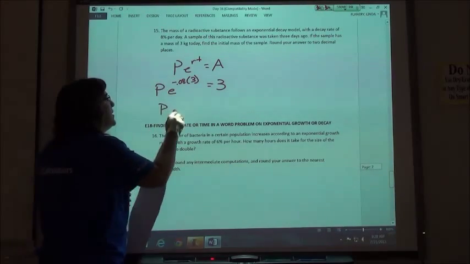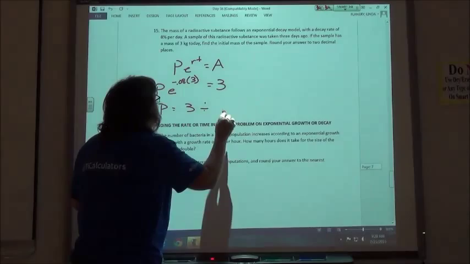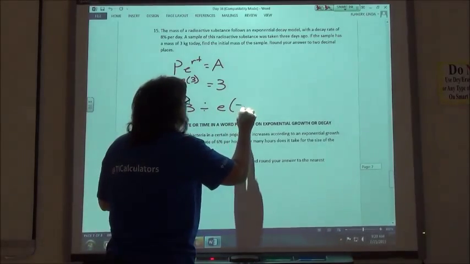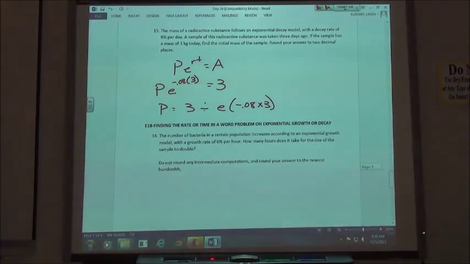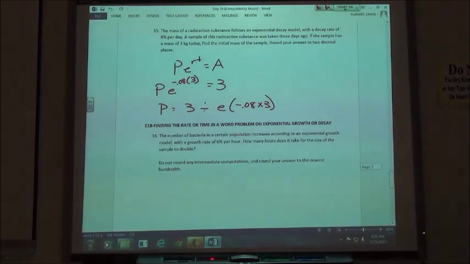So P is going to equal 3 divided by e to the negative 0.08 times 3. And we are rounding our answer to 2 decimal places.